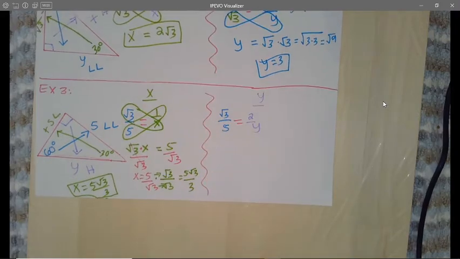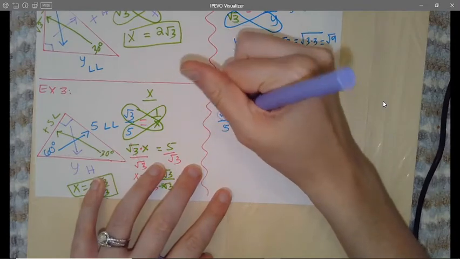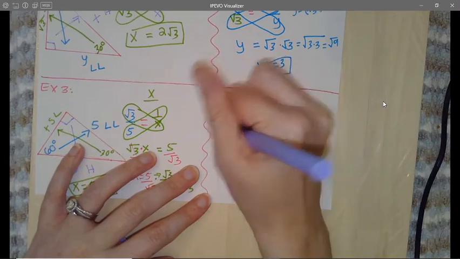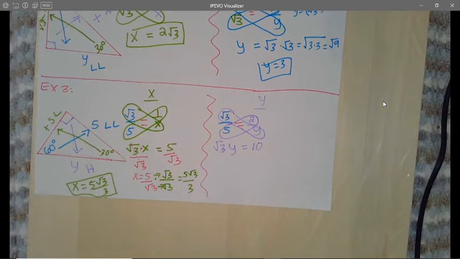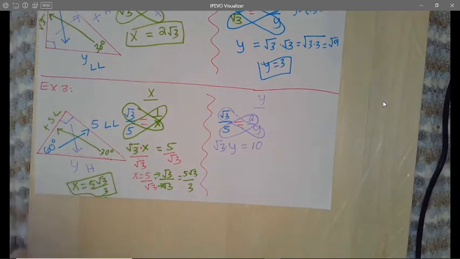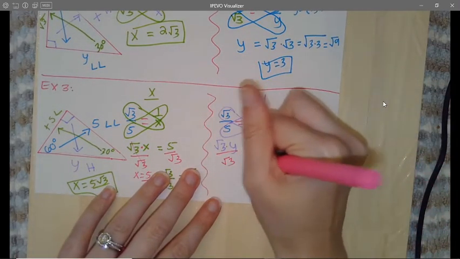I'm going to do the same thing with y. So root 3 times y is root 3y, and that'll equal 5 times 2, which is 10. I need to solve for y, which currently the root 3 is secretly multiplying. So the way that you move root 3 to the other side is by dividing it on both sides.